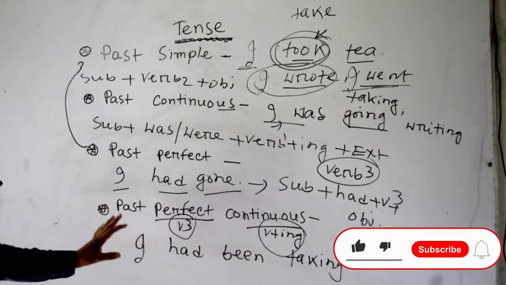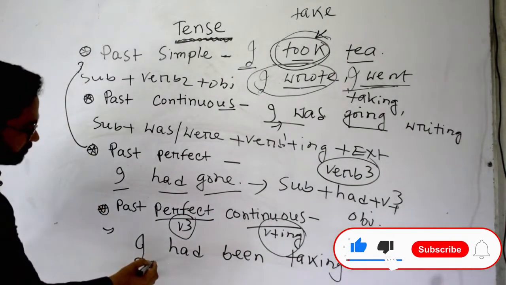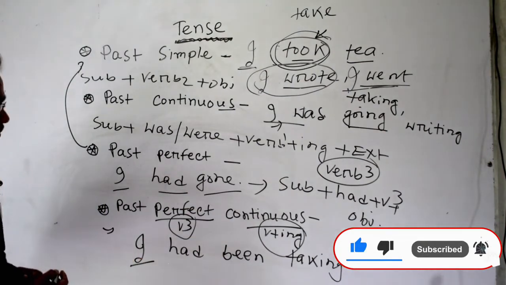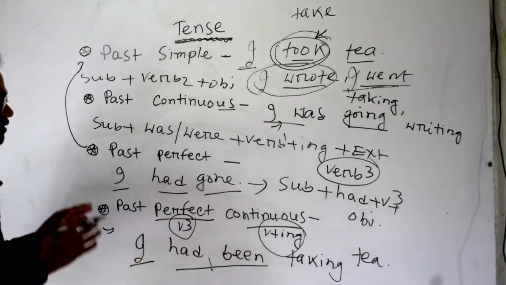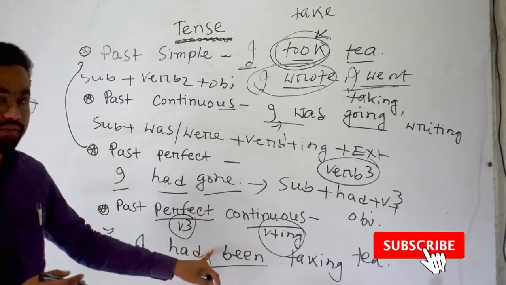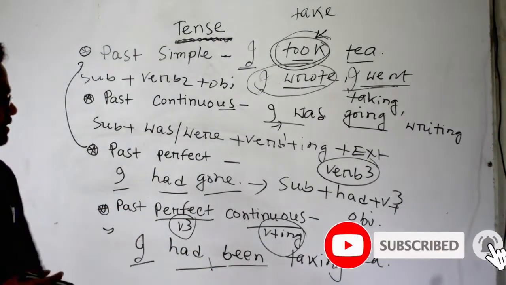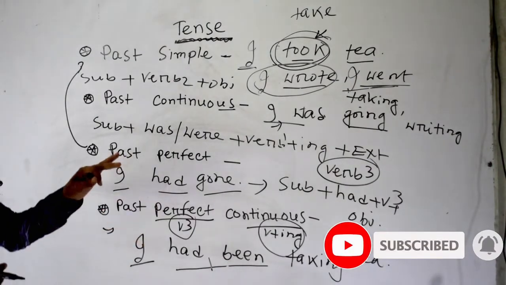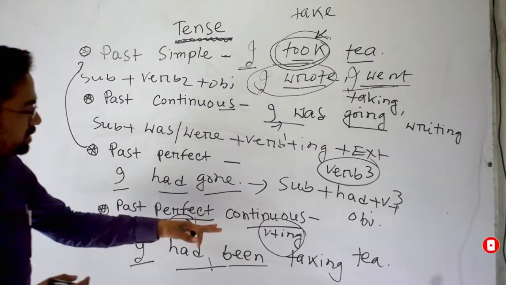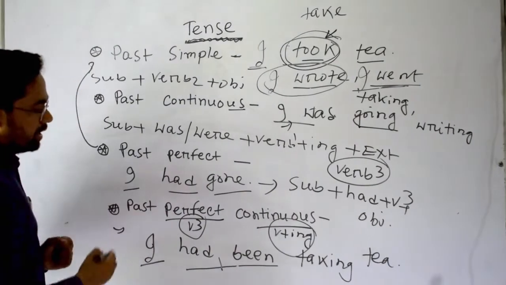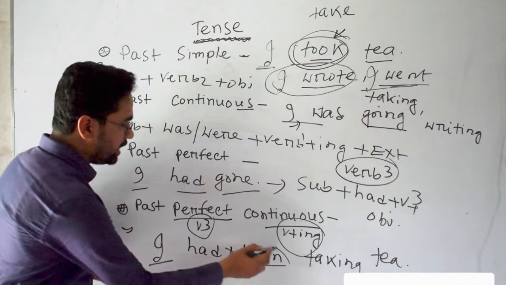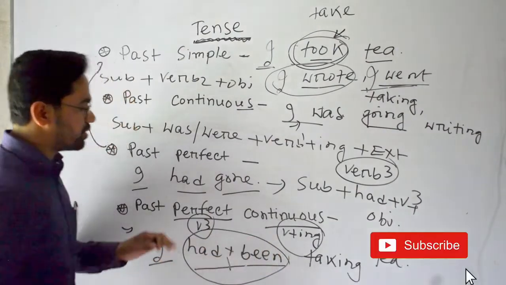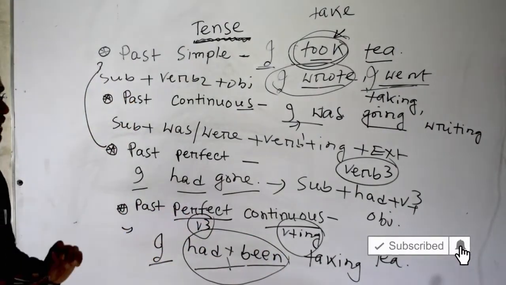In this sentence, you have found I as the subject and had been. Had is an auxiliary verb of this tense. Why is been here? If you want to make an example sentence using this tense, you must put had plus been, because had been together are used as the auxiliary verb in this tense.